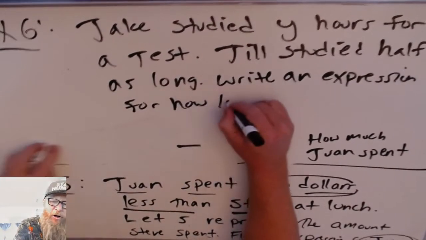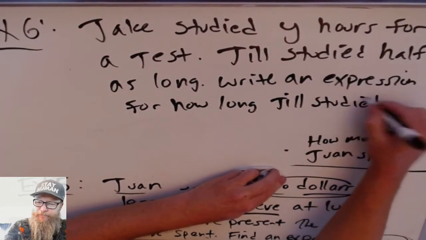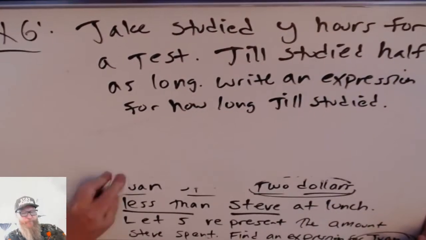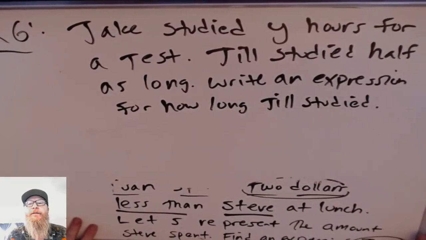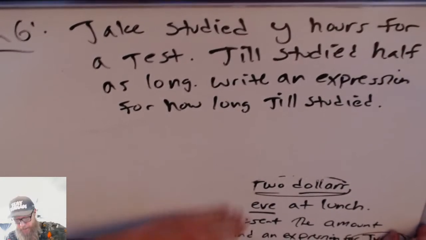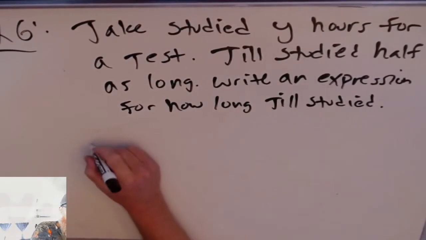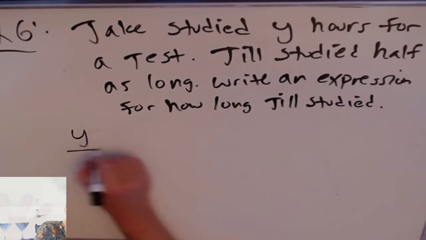Well, it's for how long Jill studied. So this one has actually multiple answers because we're cutting something in half. So one possible answer would be y over 2.